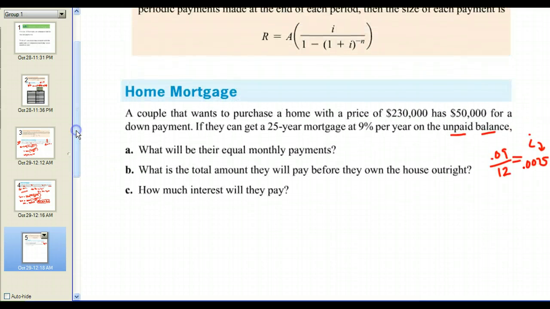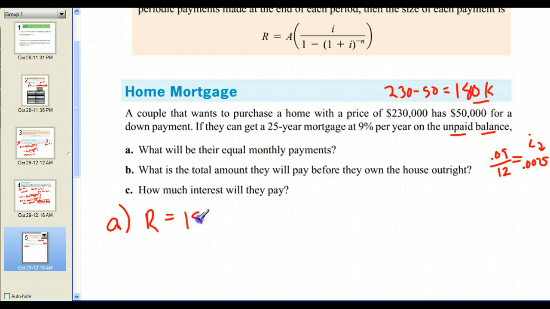R, which is what we're looking for here, is equal to A is the unpaid balance. So 230,000 is the amount of the home, but they're putting down a $50,000 down payment. So that's 180,000 is the unpaid balance.